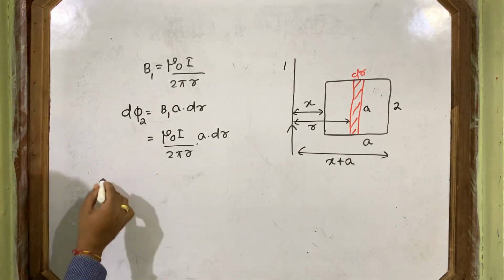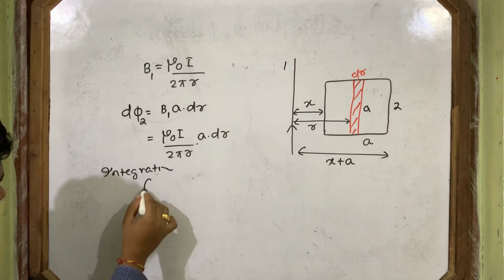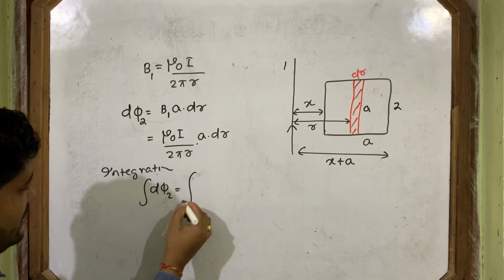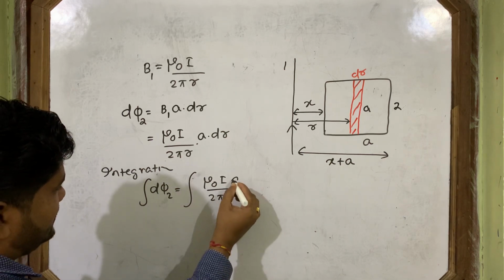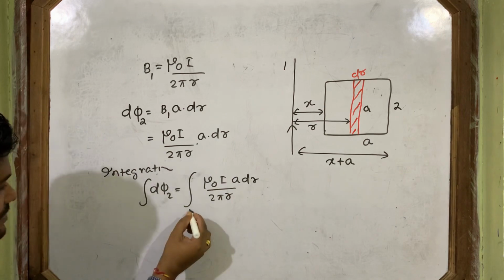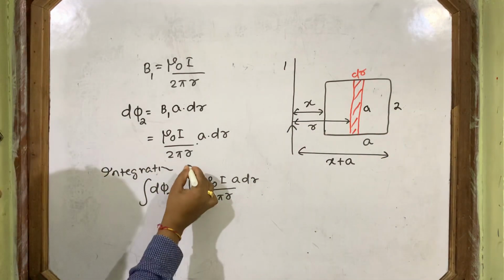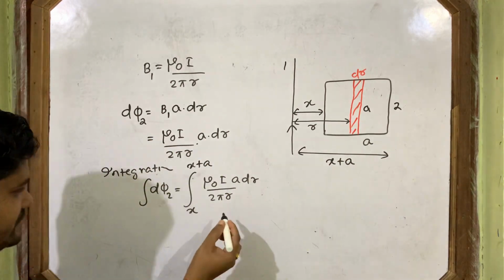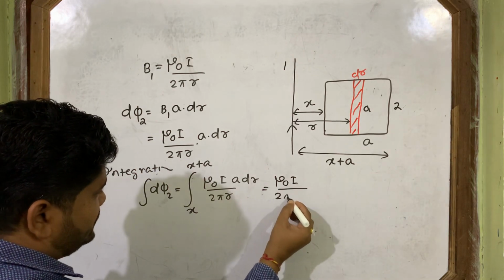But how will you get phi 2? By integrating both sides. The integration of d phi 2 gives phi 2, and on the right side we integrate mu naught I by 2 pi r, times A into dr, where r varies from x to x plus a. Then I take all the constants outside, mu naught I A by 2 pi.